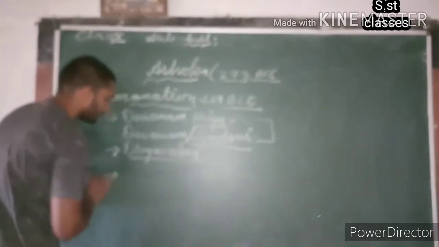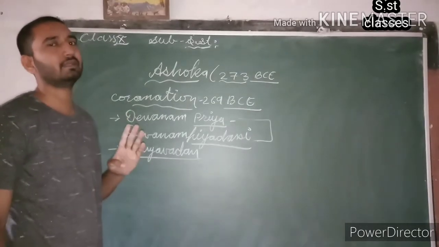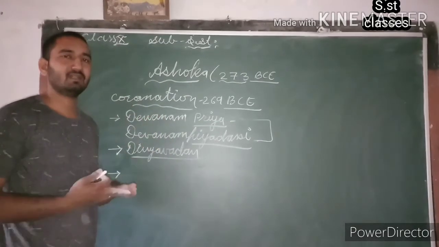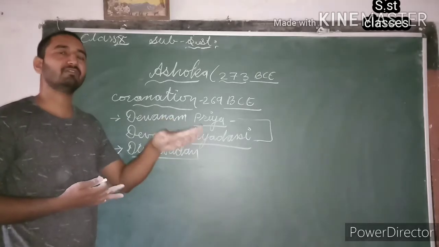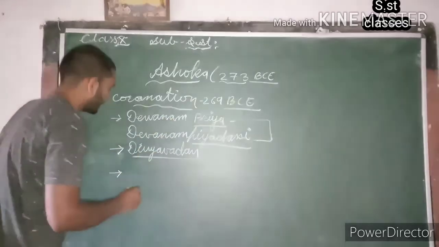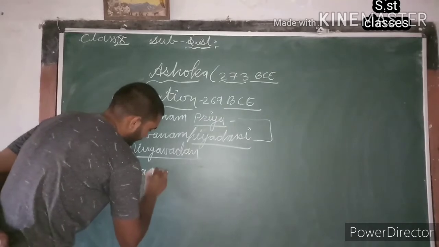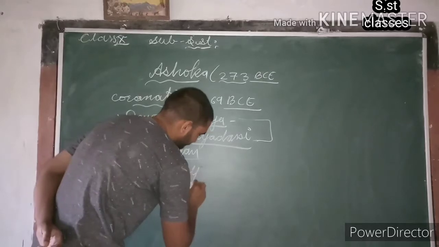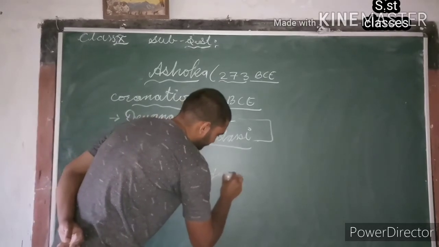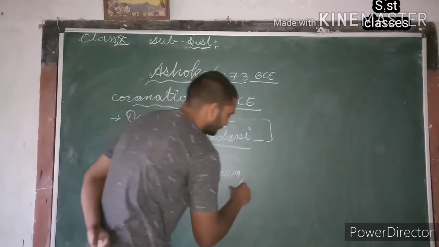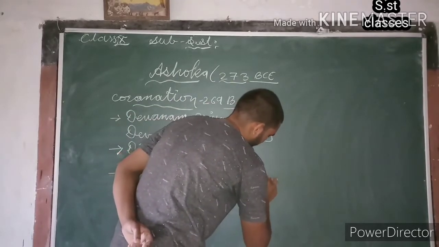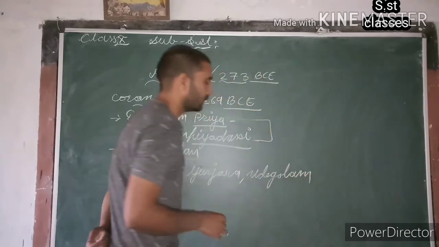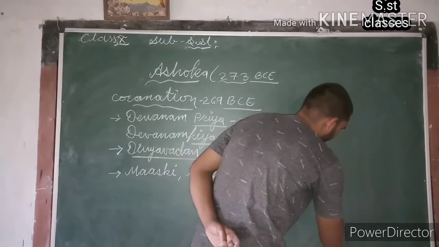After that, only 4 rock edicts are there which named Ashoka as Ashoka, means we can say that Ashoka's name as Ashoka we find only in 4 inscriptions, which are Maski, Gujarra, Udegolam and Netur.